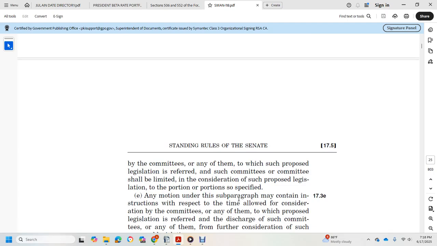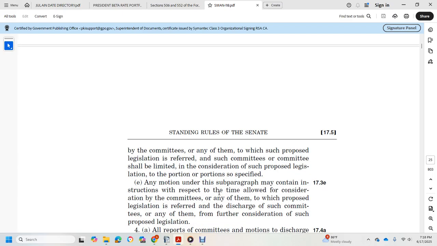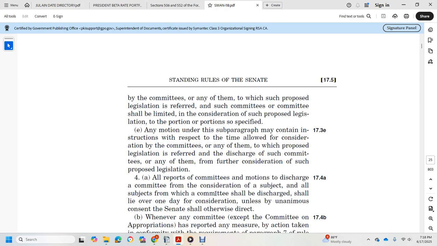Such committees shall be limited in consideration of the proposed legislation to the portions so specified. Any motion under this subparagraph may contain instructions with respect to the time allowed for consideration by any of the committees to which the proposed legislation is referred, and for discharge of the committee, and further consideration of such proposed legislation.